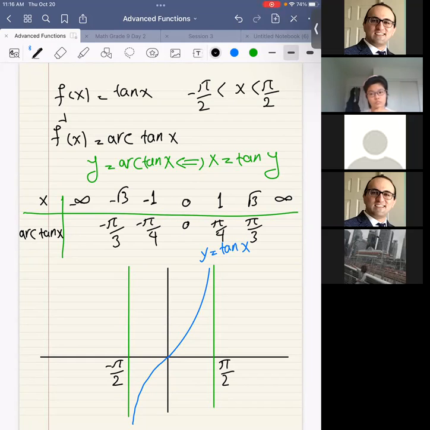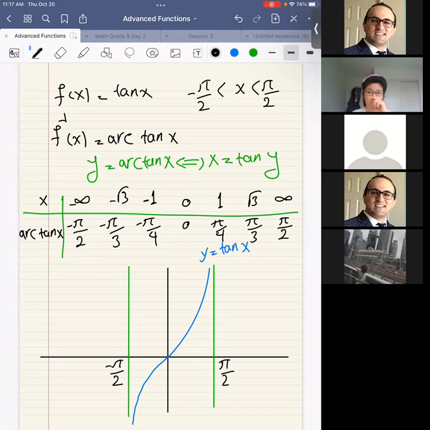But when x goes to infinity, arctan goes to what? When x approaches infinity, arctan approaches pi over 2. And if x goes to negative infinity, arctan approaches negative pi over 2. So it's basically the inverse of this.